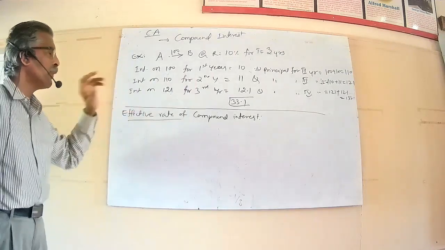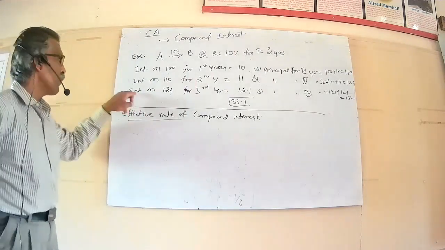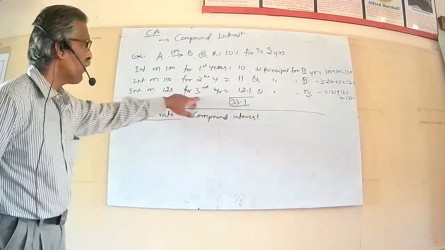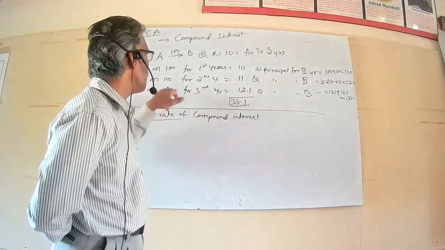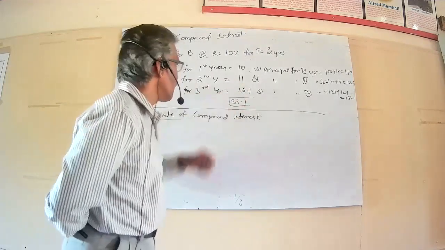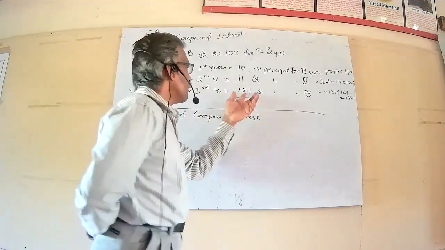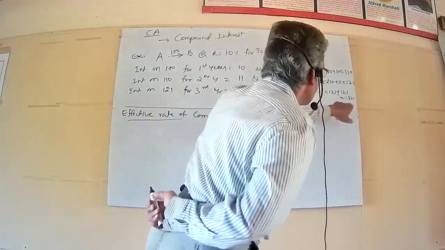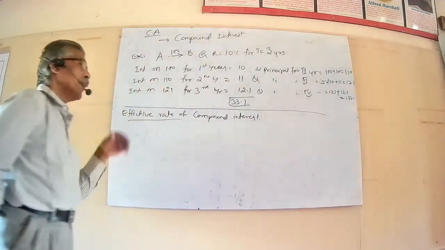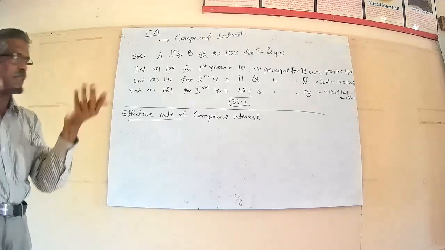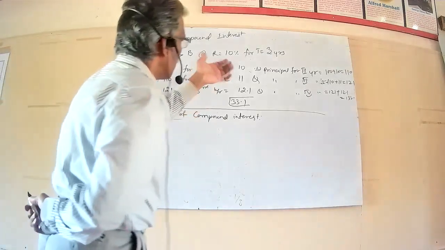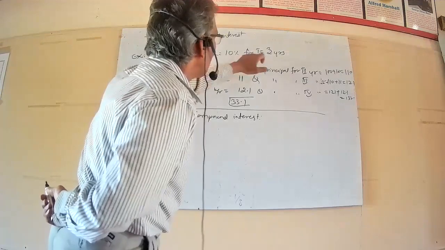After the end of the third year, interest on 121 at the rate of 10% is 12.1. If this is added to 121, that becomes 133.1, the principal sum for the next year.